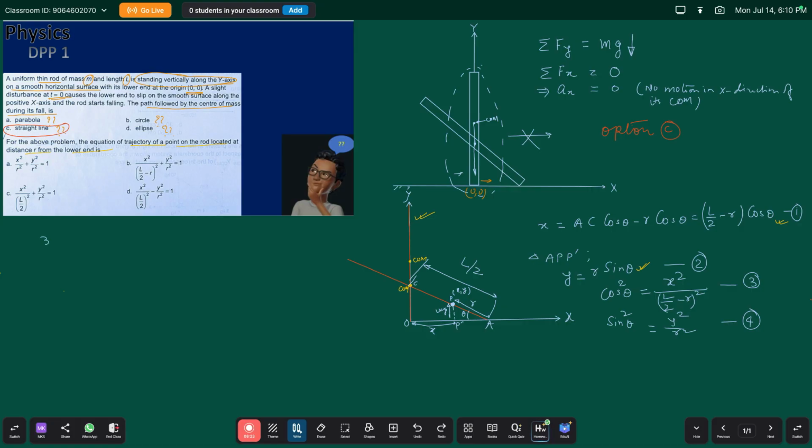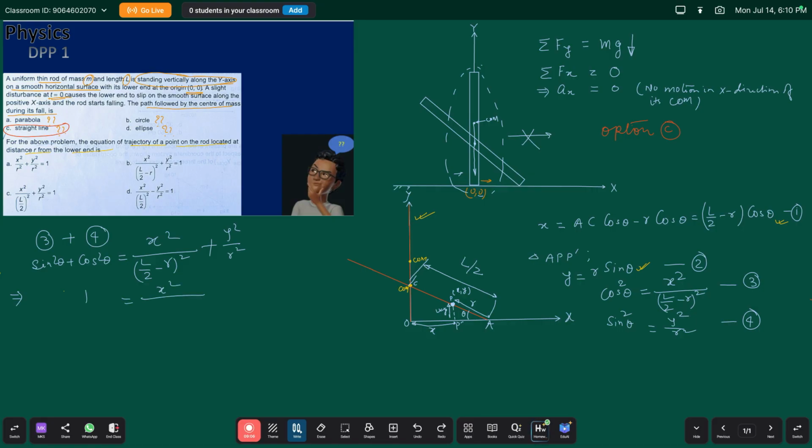Now sum these two equations, equation 3 plus 4. So we get sin square theta plus cos square theta equal to x square by (L by 2 minus r) square plus y square by r square. But we know that sin square theta plus cos square theta is 1.